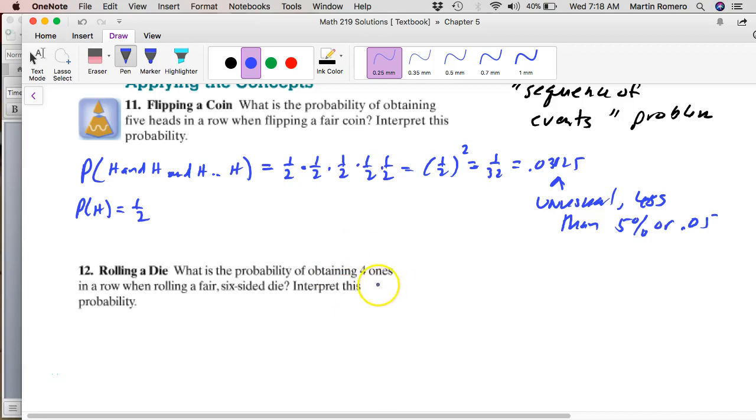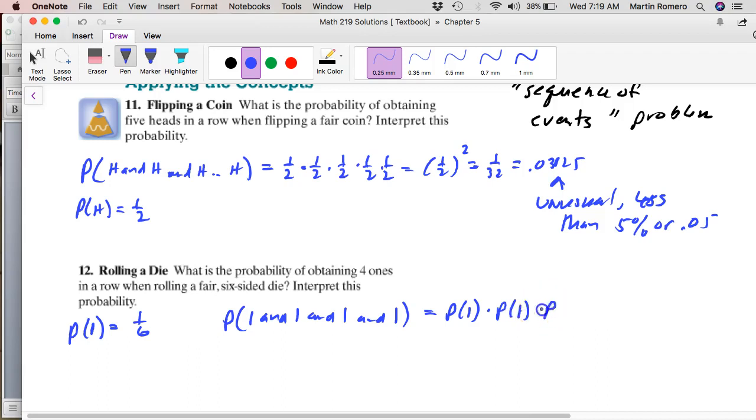What is the probability of obtaining 4 ones? So the probability of getting a 1 when rolling a die is 1 out of 6. The probability of getting a 1 and a 1 and a 1 and a 1 would be the product, because these are all, again, independent events.